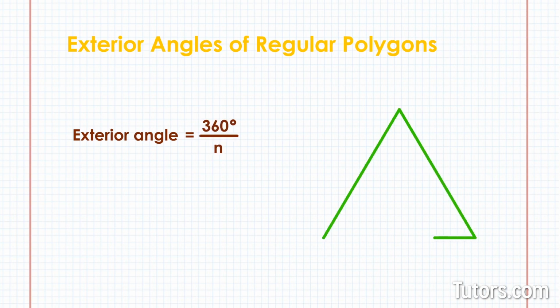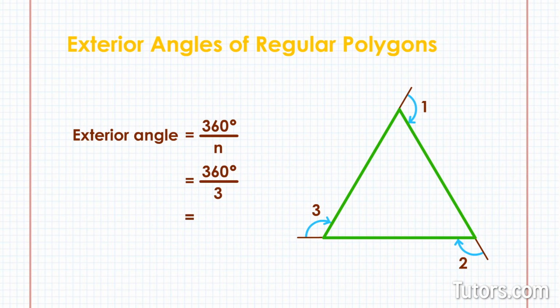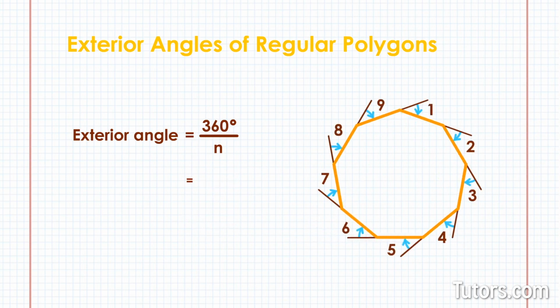In an equilateral triangle, the exterior angles come out like this. 360 degrees divided by 3 equals 120 degrees. Our nonagon does this. 360 degrees divided by 9 equals 40 degrees.